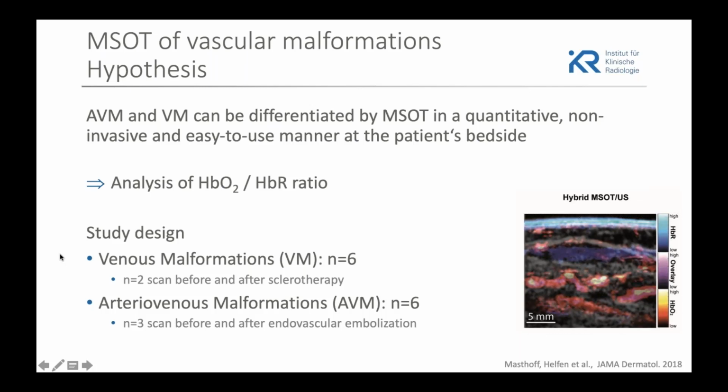And then 2 of the patients with VMs we scanned before and after sclerotherapy, and 3 patients before and after endovascular embolization of the AVM. So this was designed as a pilot study, and we thought to look first at the HbO2 over HbR. This is the deoxygenated hemoglobin ratio to differentiate between the lesions.